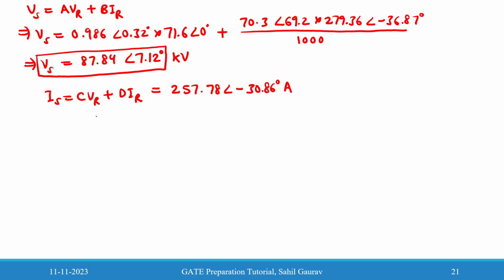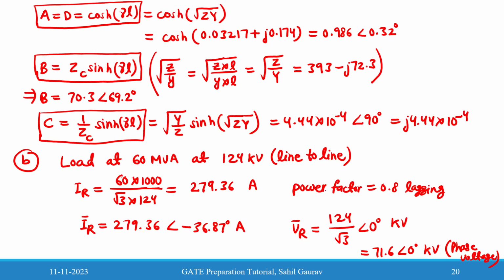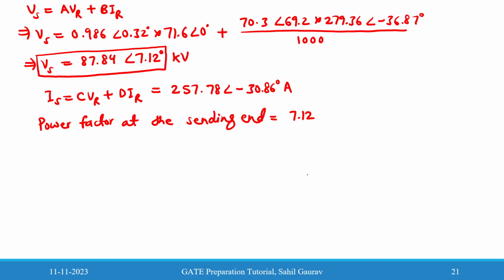So for finding the power at the sending end, you need to find the power factor. The power factor at the sending end will be, here we can see, 7.12 plus 30.86. How are we getting this? We have found Vs with this as the reference, 0 degree.